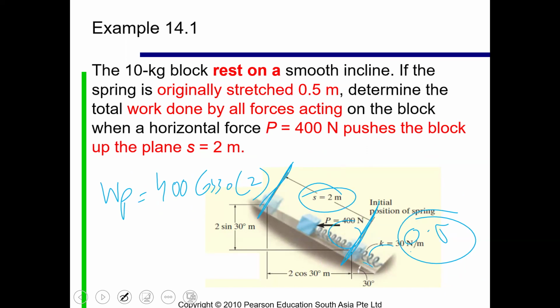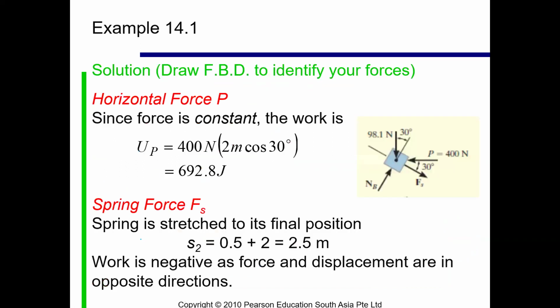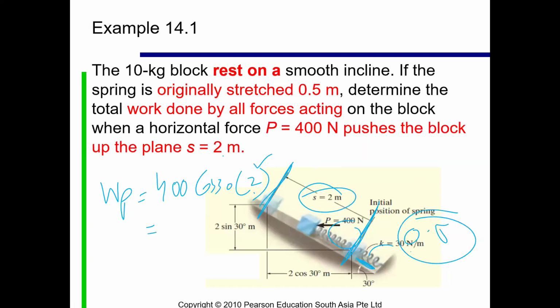So its initial stretch is 0.5, which is not provided initially, and then the force 400 is applied. So the distance needs to be 2, not 2 minus 0.5. If you look at the value, it is 692.8. Yes.